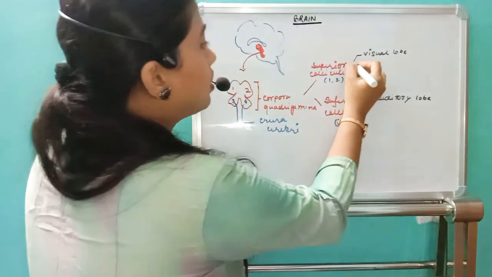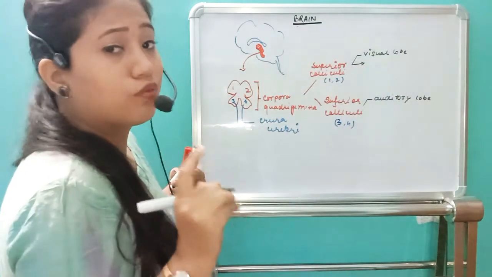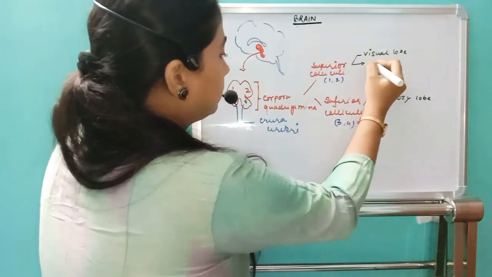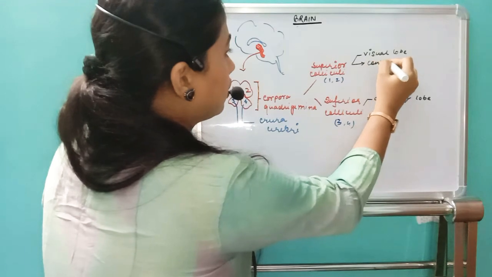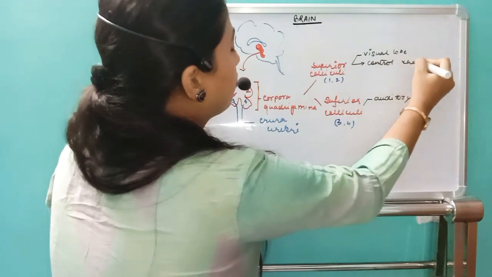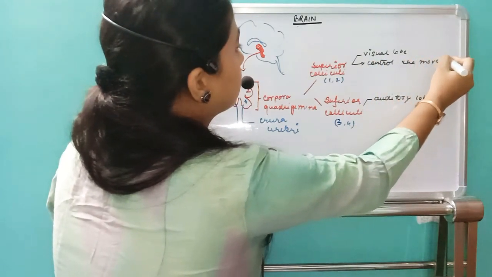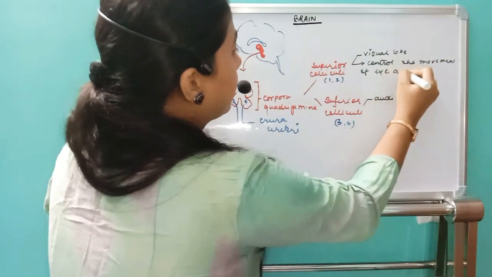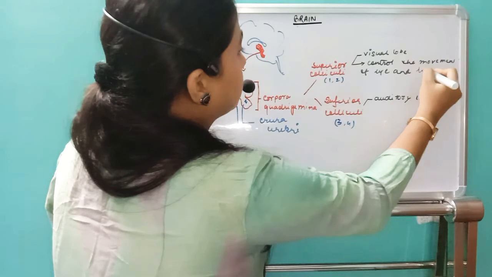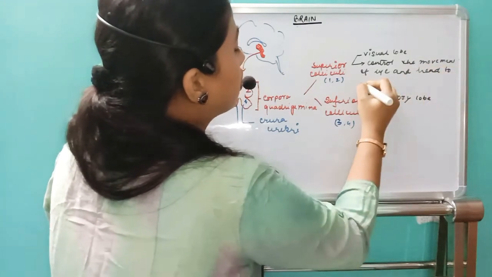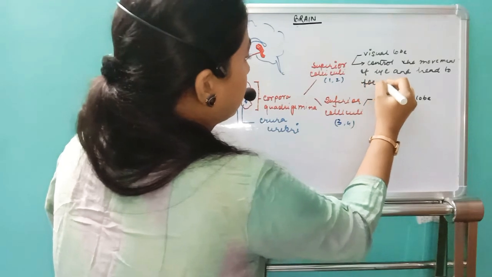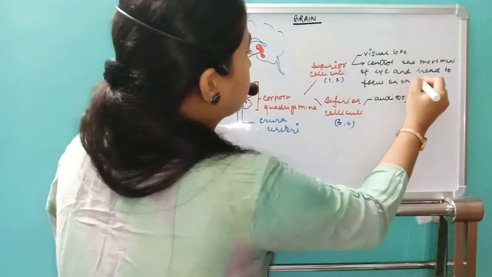This visual lobe controls one very important function: the movement of the eye and head to focus on the object.